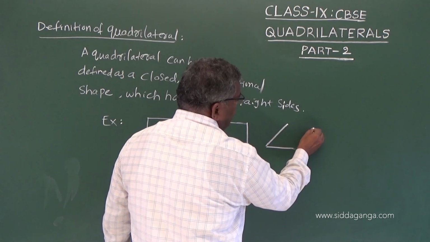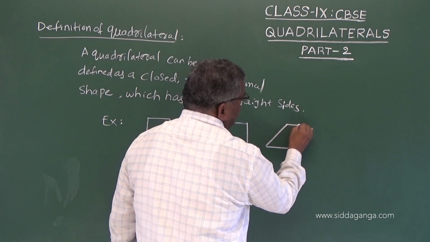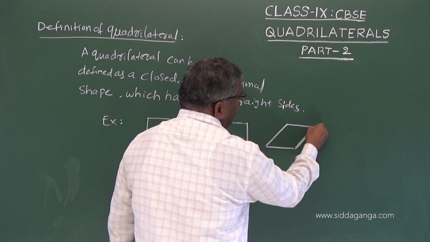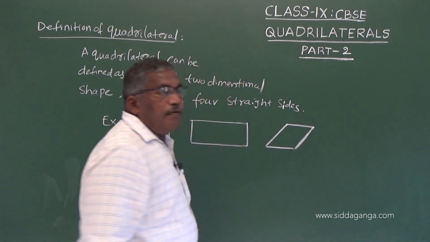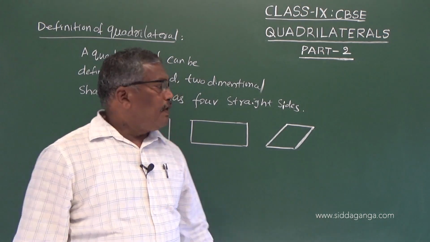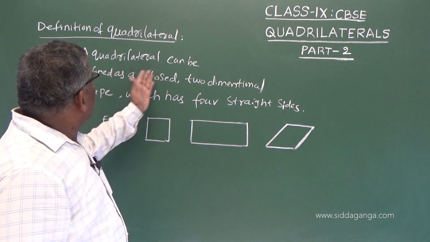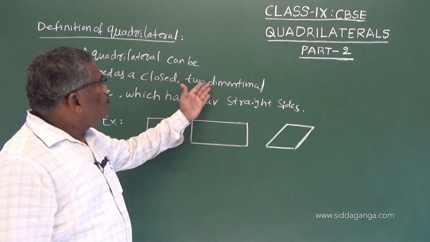It will be of this shape, Kaju Barfi. This we call a special type of quadrilateral. You will understand it later. It is a parallelogram.